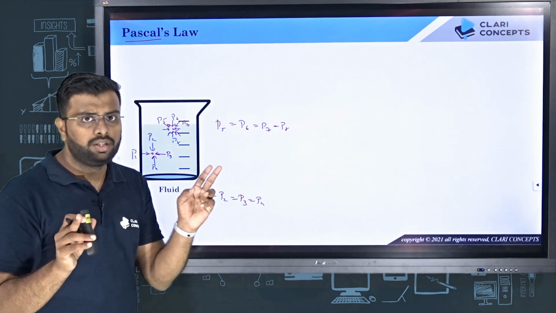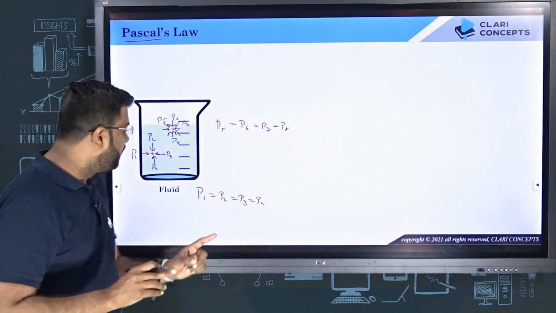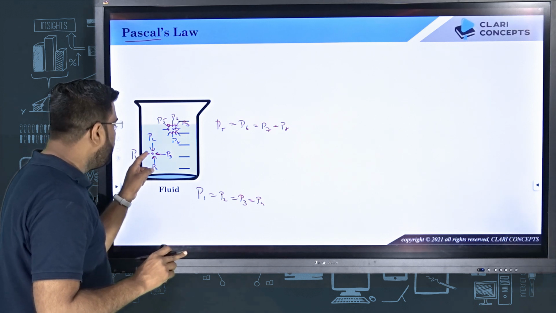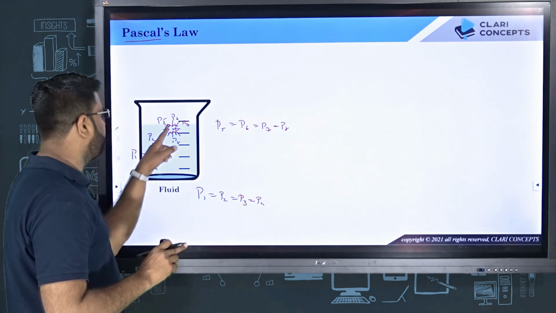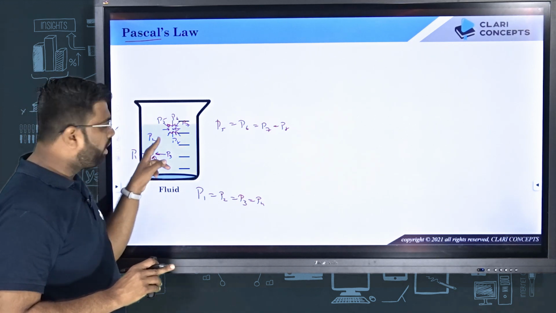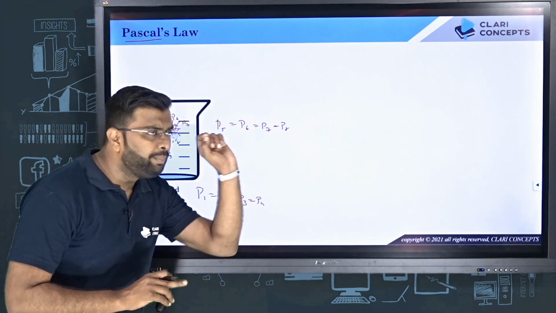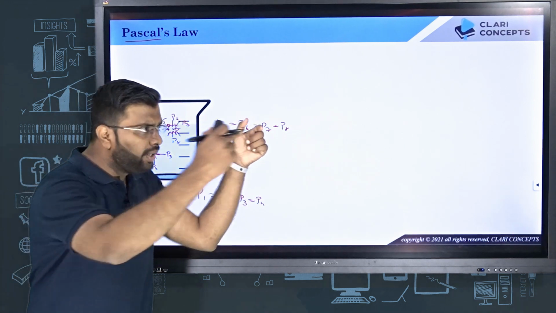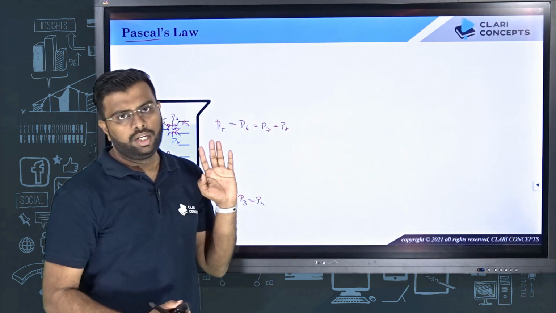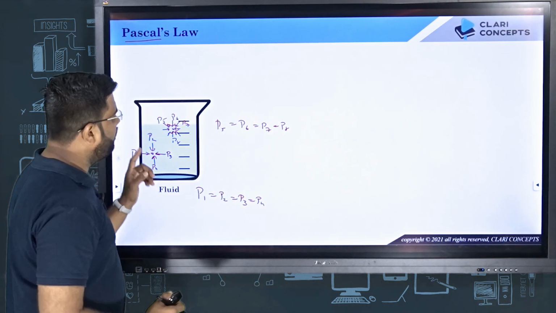Again, I am repeating it. Listen clearly: Pascal has never said that pressure at two different points will be the same. Pascal said that pressure at a given point coming from different directions will be the same in a fluid at rest.